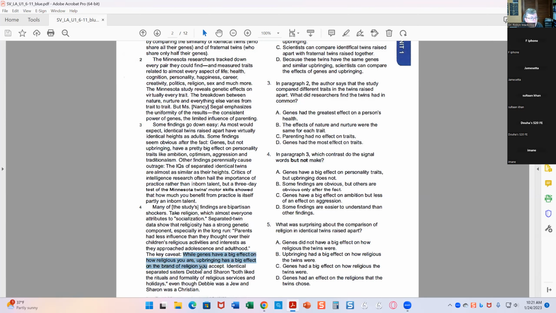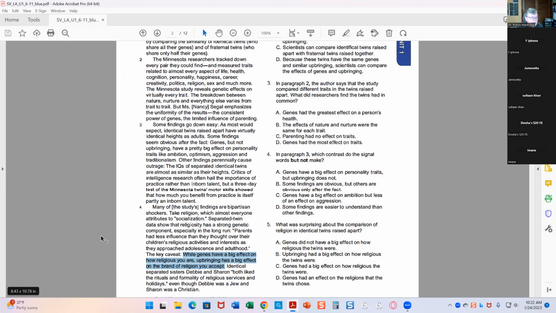This is one of those icky ones right here. Genes have a big effect. Upbringing has a big effect on the brand that you choose. See how they did that? Is it A? You said what?